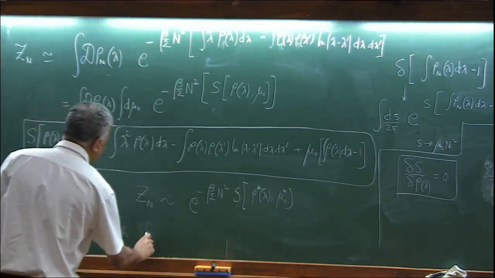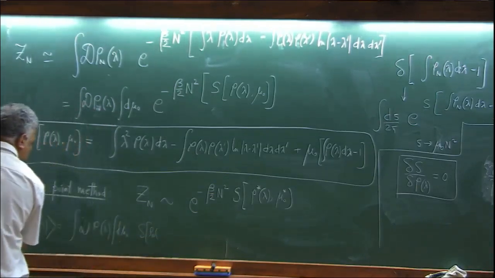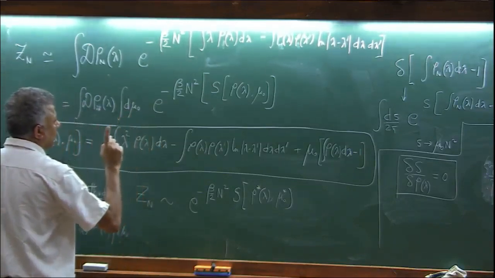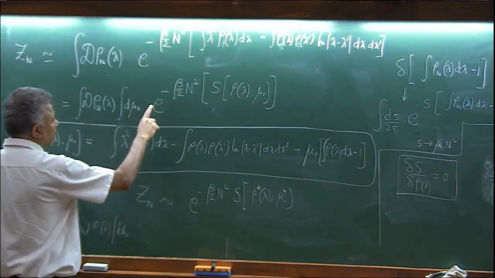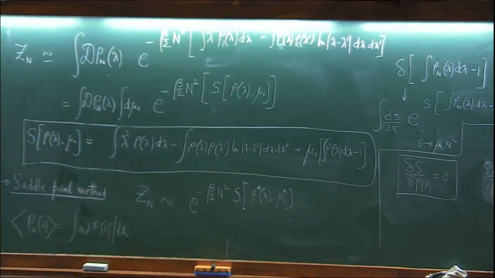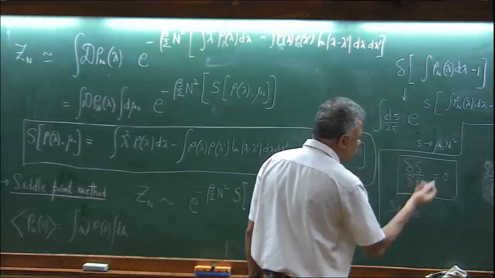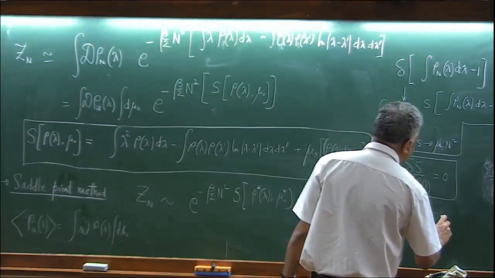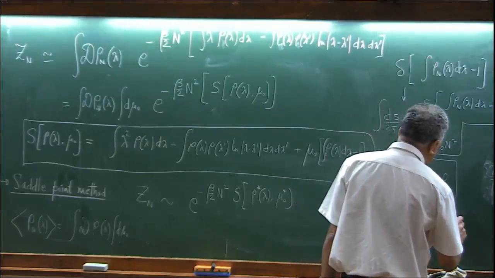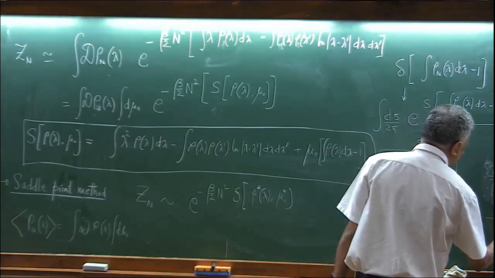What I'm trying to point out is that for large n, the saddle point density itself will also be the average density, because everything is controlled by the saddle point. If you take any average, only the saddle point will contribute to any average quantity. So the saddle point density itself is also the average density for large n.